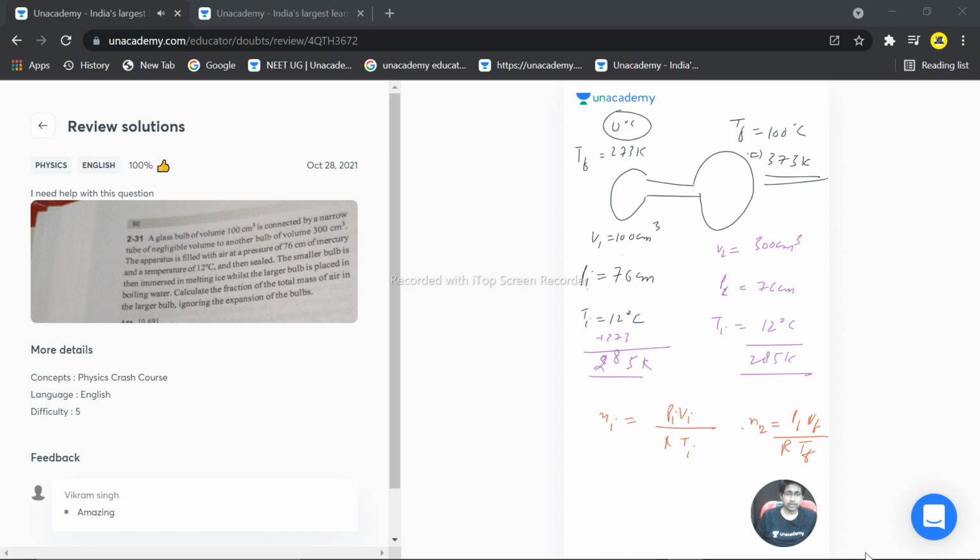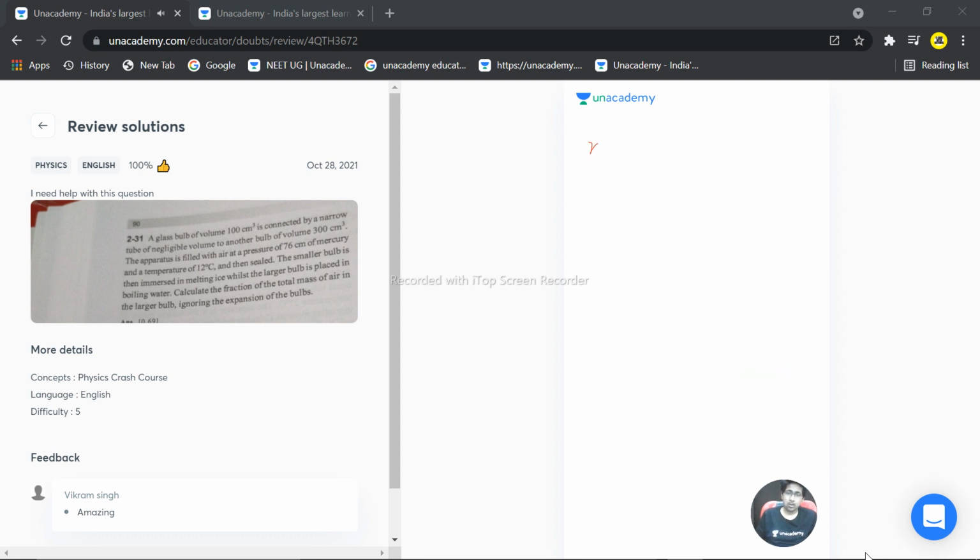Now I'll calculate N initial. N initial 1 is 76 multiplied by 100 by R into 285.